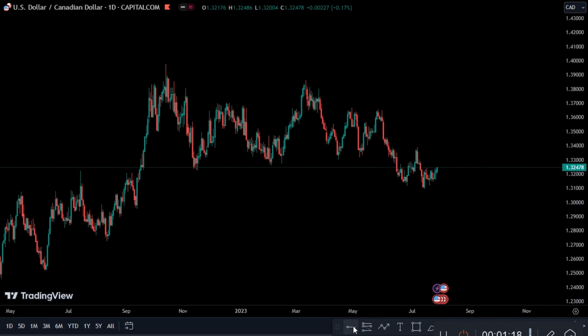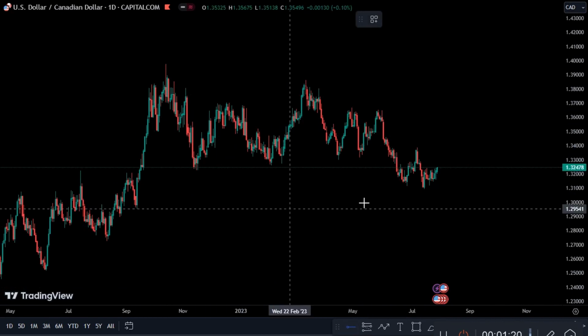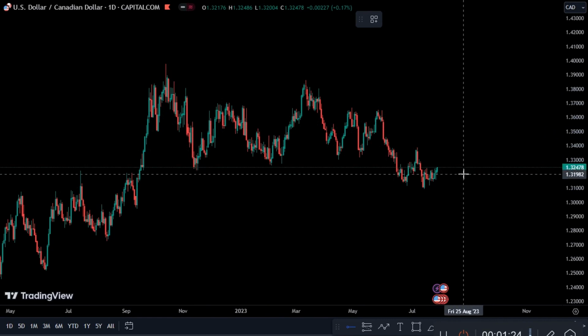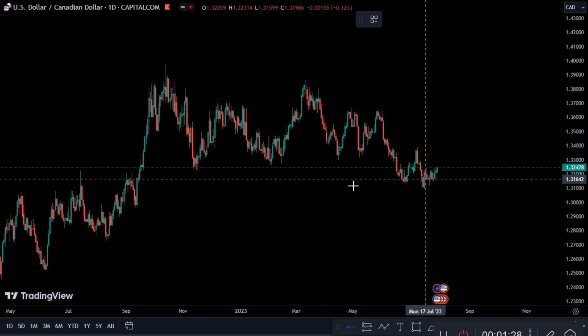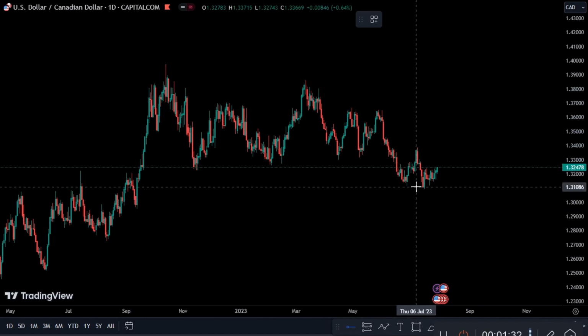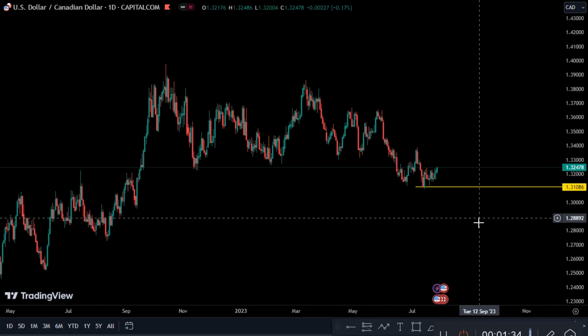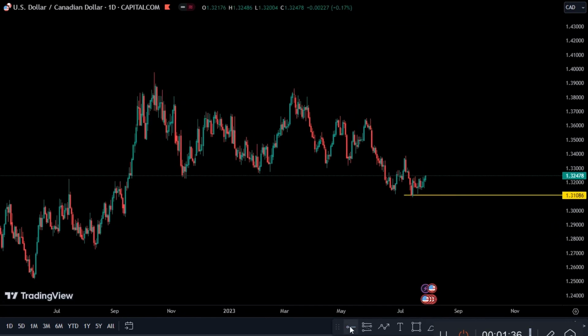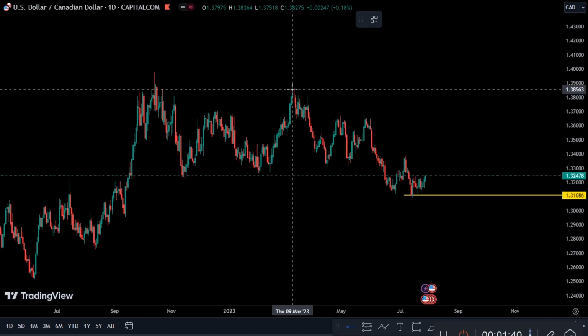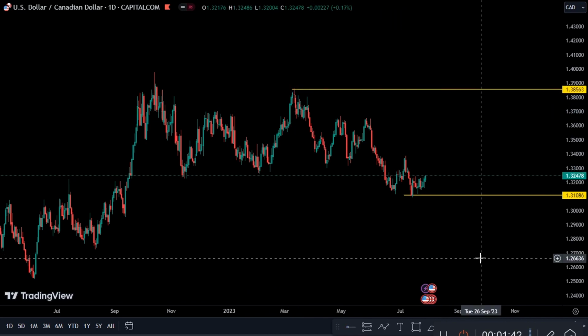Okay, so for us in this case, I personally like to focus on the current price action, and then I adjust as the market also adjusts. Okay, so yeah, this area right here would be our current low, and then this area right here would be our swing high.